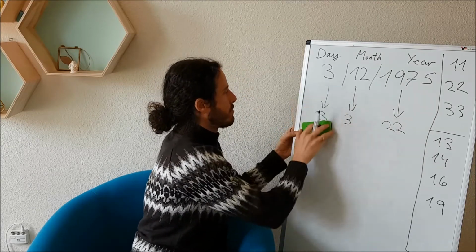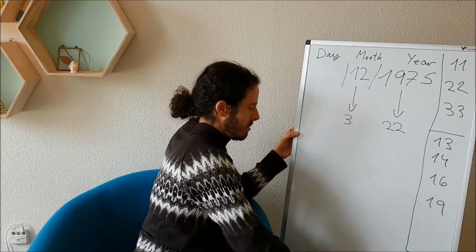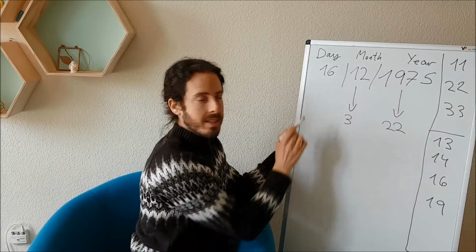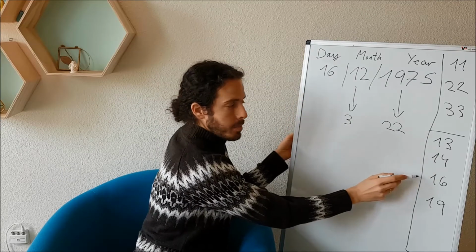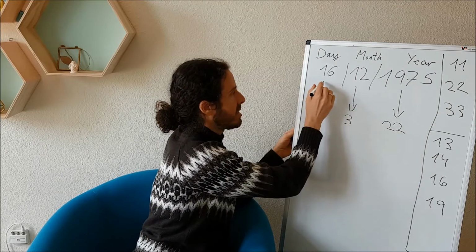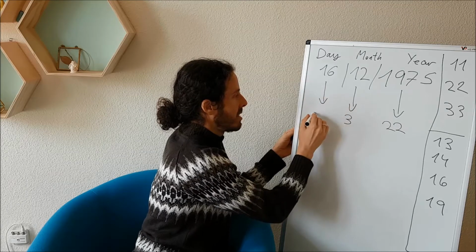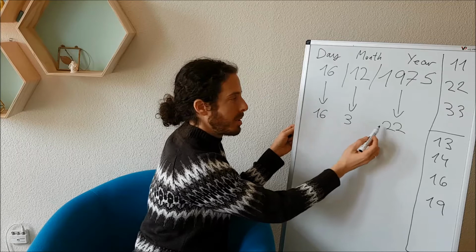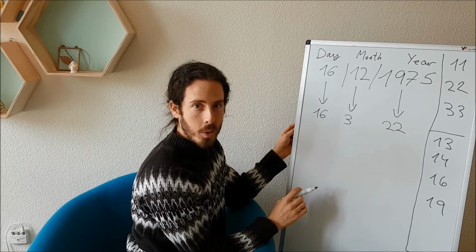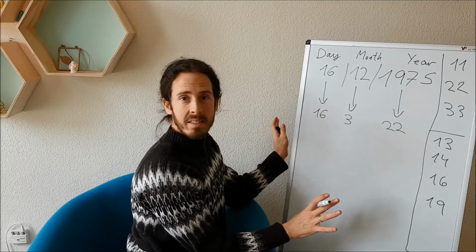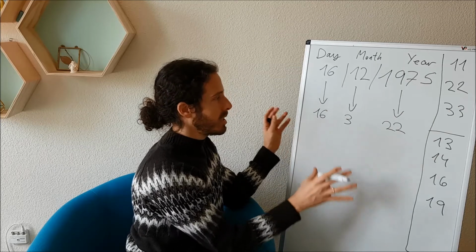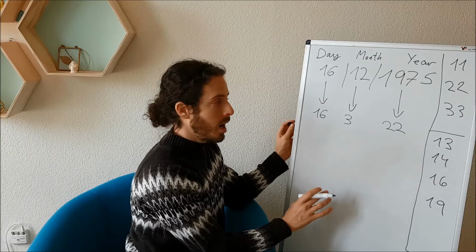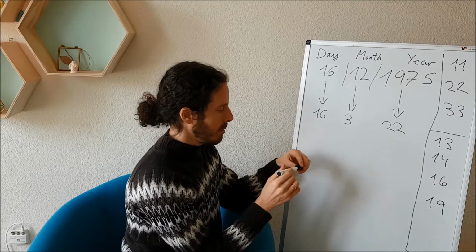If it was the 16th of December, 16 is a karmic depth number. Therefore, 16 remains a 16. And then you would add 16 plus 3 plus 22. As easy as that. In the end, you want to get to the reduced single digit, and that'll give you your core heart number.